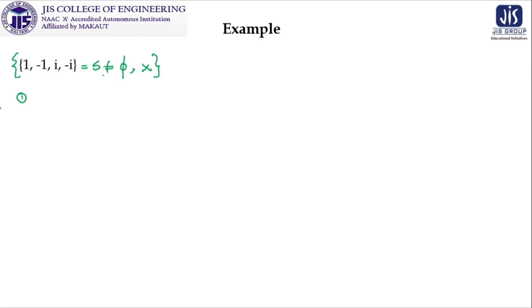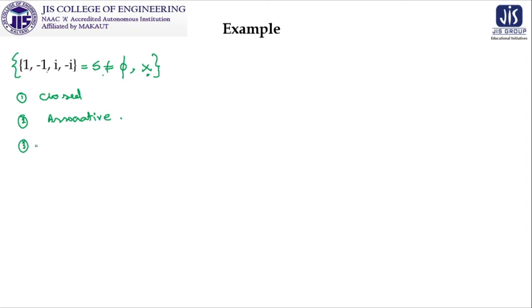But is it possible if it is a large set? So you need some different technique to prove it. But at least at this moment, we see that whichever elements you take from this set, you will get a result in the set, so it is closed. That means it is a binary operation. Now second, as we know that usual multiplication is associative for real number sets and complex number sets, it will also be associative here.